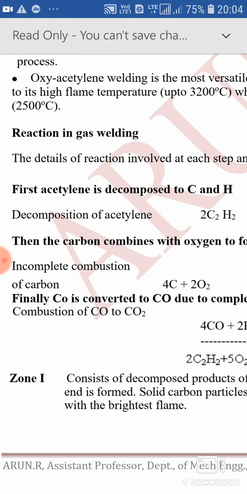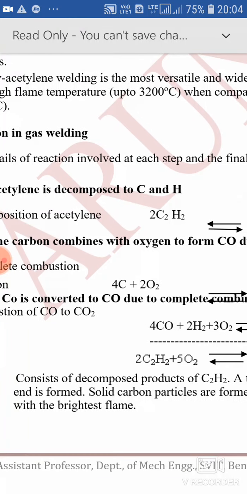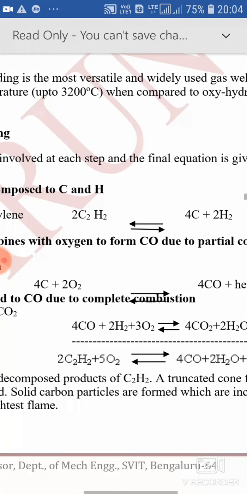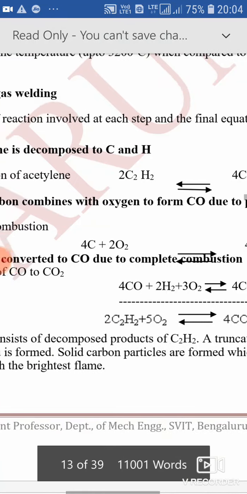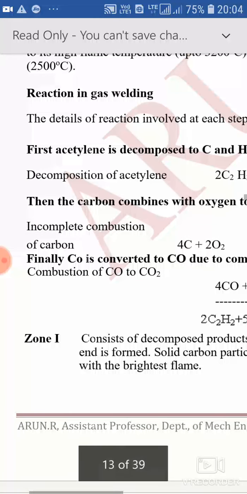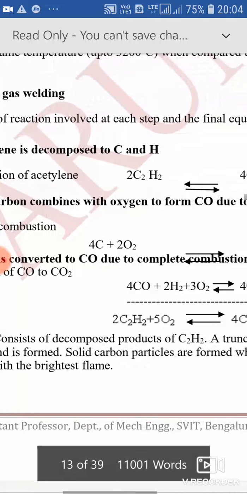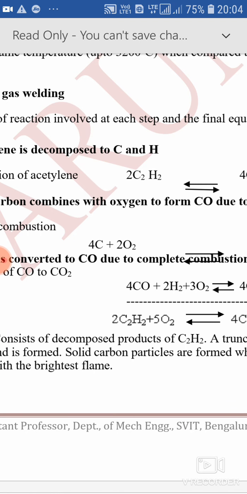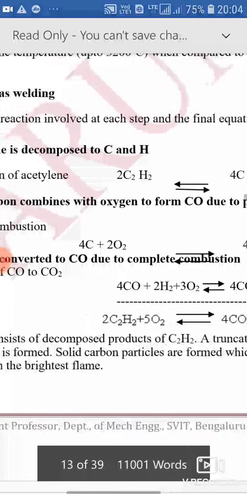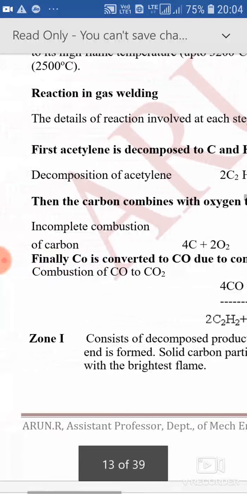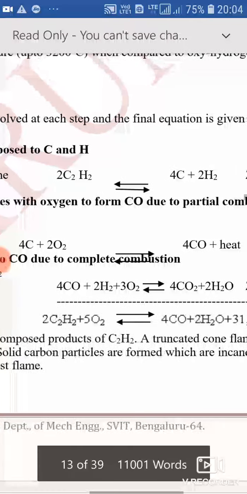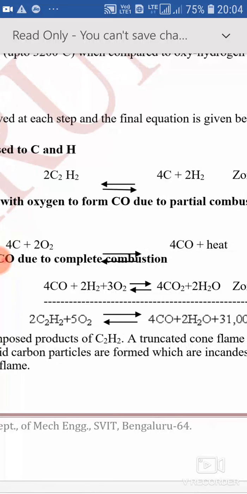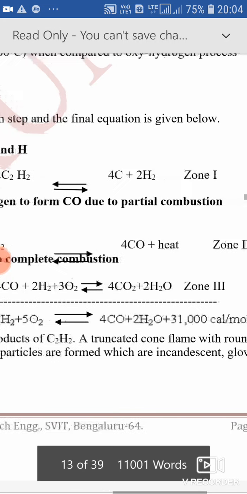Reaction in gas welding. The detailed reaction in gas welding involves the following steps, and the final equation is given below. First, acetylene is decomposed to C and H. Decomposition of acetylene, that is 2C2H2, giving rise to 4C plus 2H2.